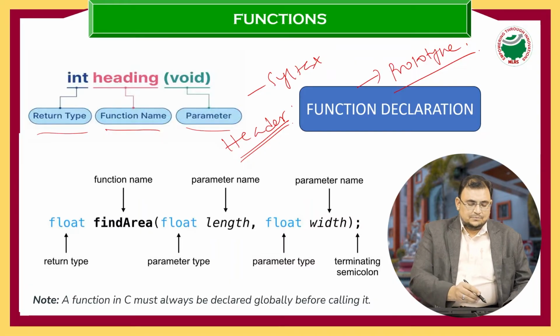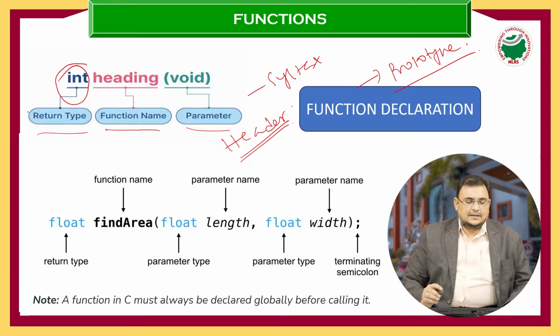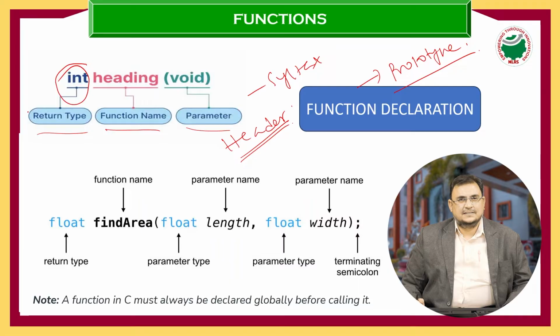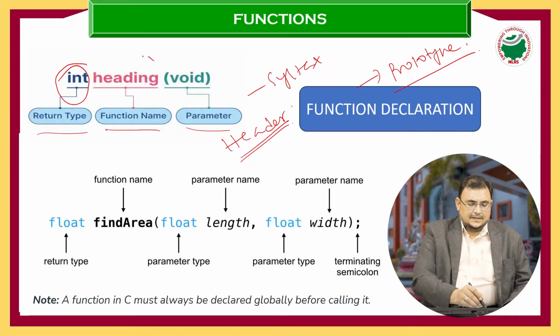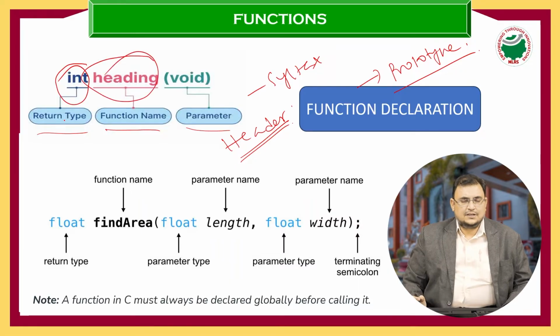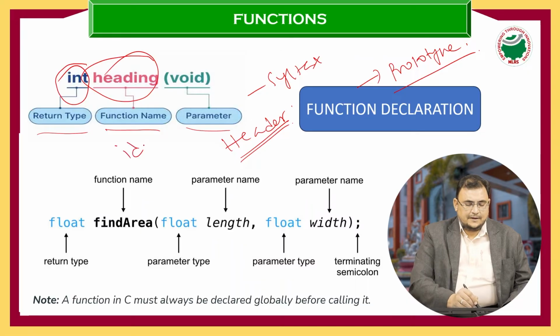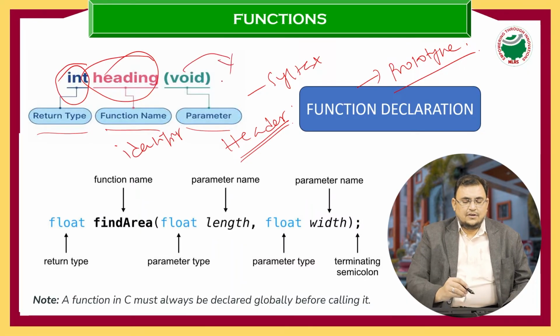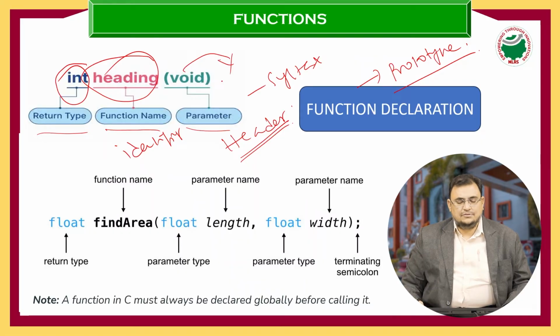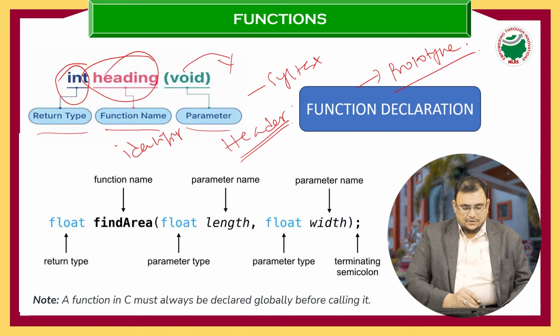So here, the return type, for example if you write int, means the function is returning an integer. And the heading, the function name, is nothing but a valid identifier. And for the parameter list, if you are not passing any parameters, then you write void, meaning nothing. Now this is an example you can take.